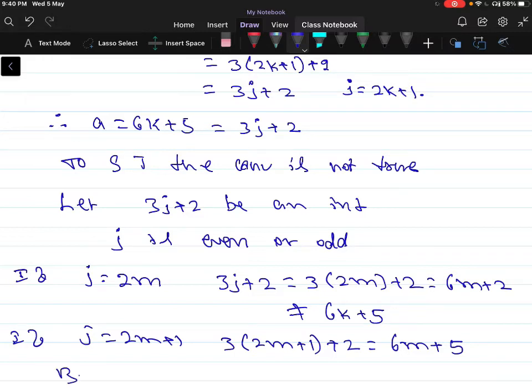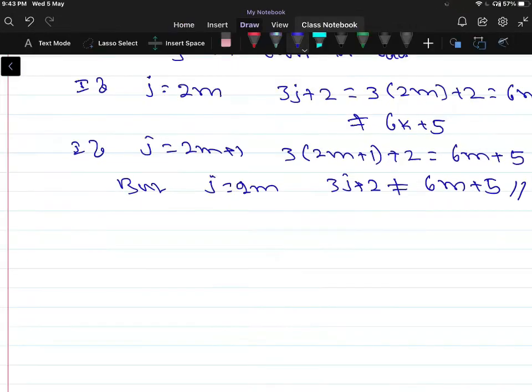But here when j is equal to 2m, 3j plus 2 is not of the form 6m plus 5. Therefore the converse is not true. For example, let a is equal to 8. So 8 can be written as 3 into 2 plus 2, so it is of the form 3j plus 2.